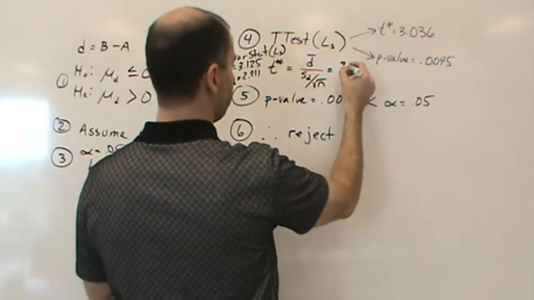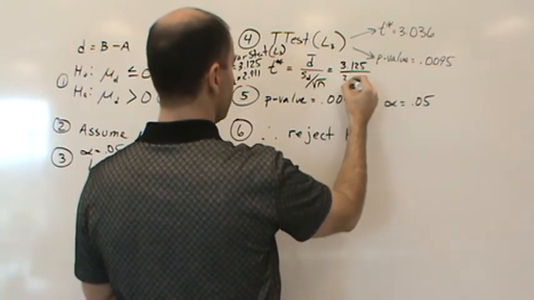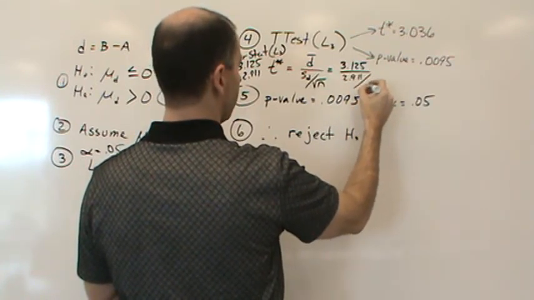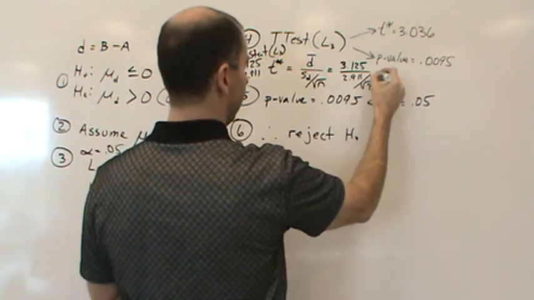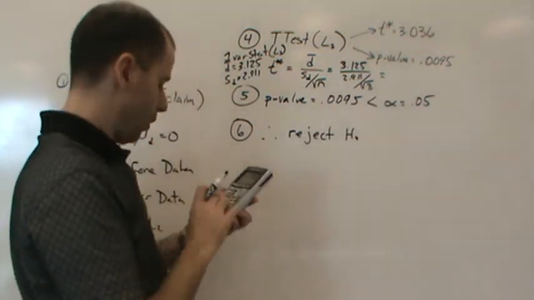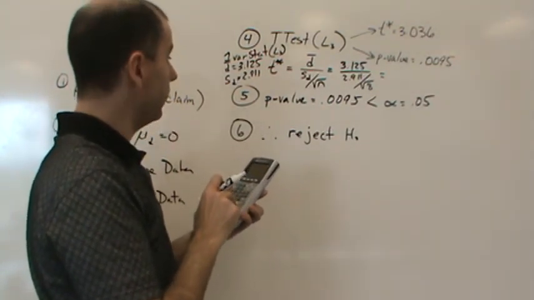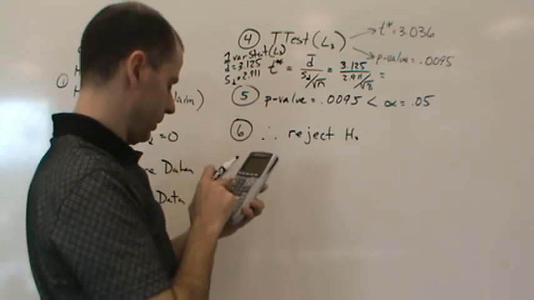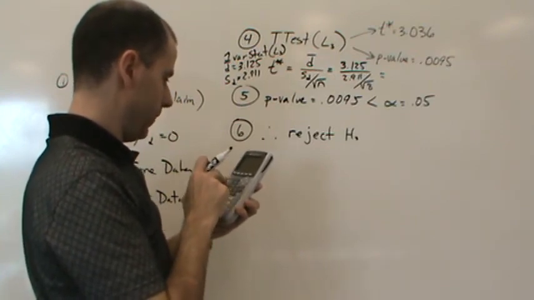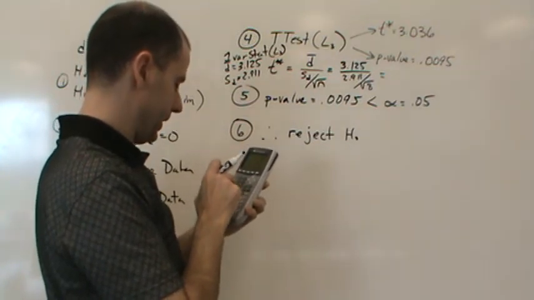So this is going to be 3.125 divided by 2.911 divided by the square root of 8. Now, I wonder if we get the same thing. I'm going to cross my fingers. 3.125 divided by 2.911 divided by the square root of 8.